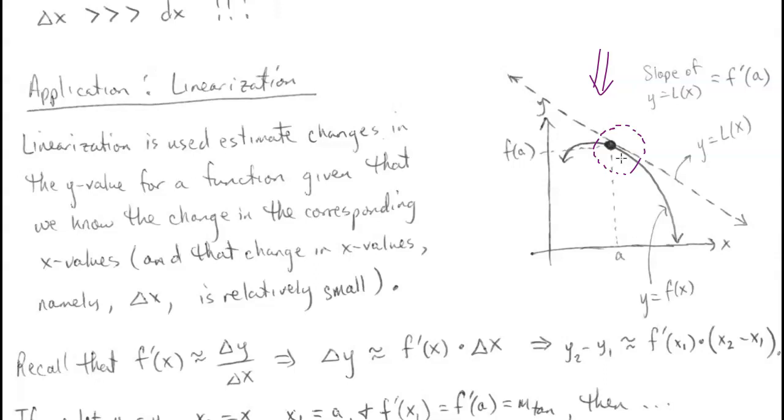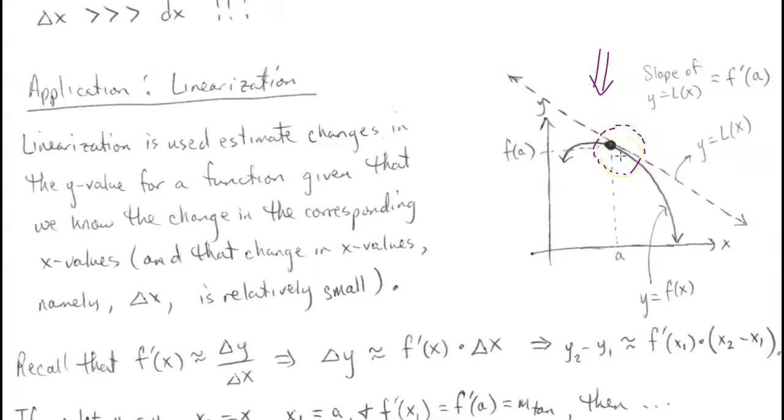In this small area that I've circled, what we are essentially saying, and of course it's not exact, is that my function f of x is acting a lot like this line y equals L of x.